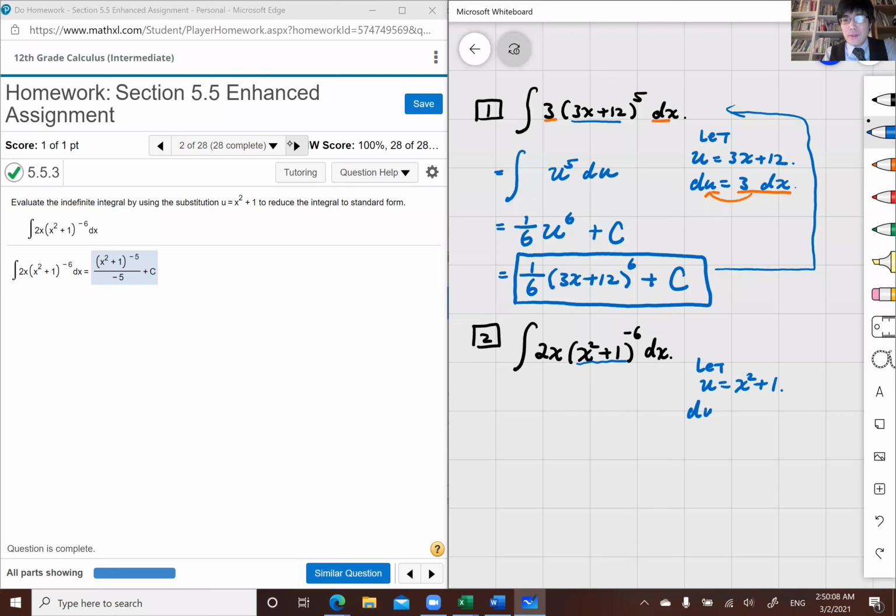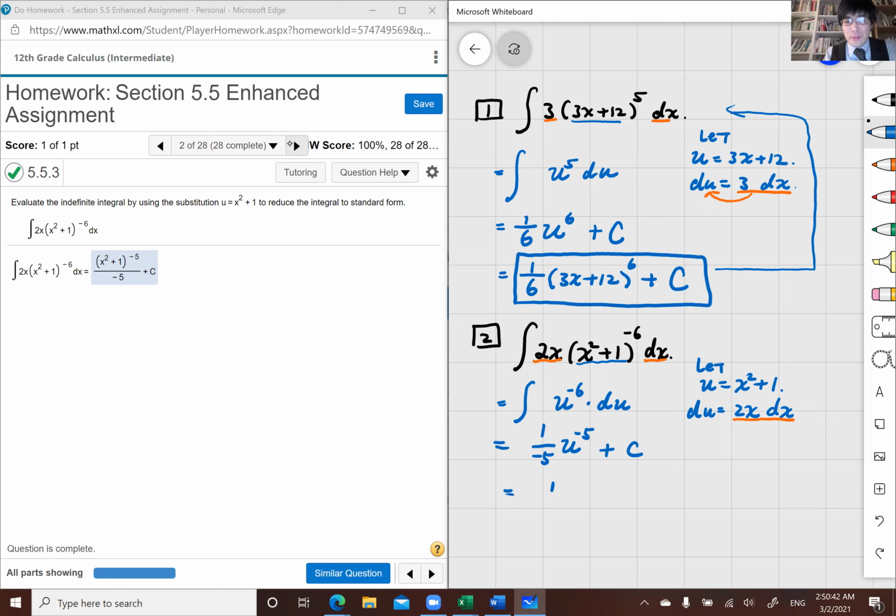Then du will be the derivative of this, which is 2x dx, which is actually here, 2x dx. After the substitution, this becomes u to the power of negative 6 times du. After integrating this, use the power rule, raise the power by 1, and divide it by negative 5.